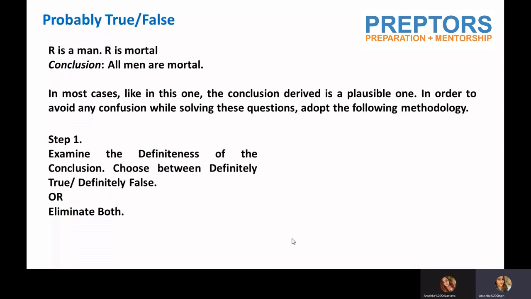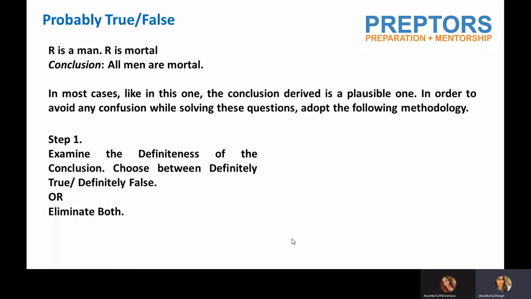My step 1 is that I examine the definiteness of the conclusion. When I say definiteness, then I choose definitely true or definitely false, correct? If it is definitely true or definitely false, I mark it. If I'm unable to decide between the two, and I don't think it is definitely true or definitely false, then I will eliminate both.